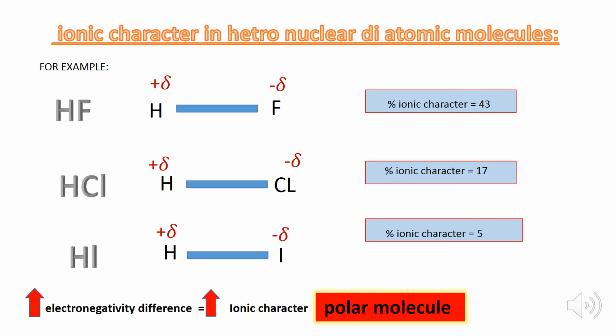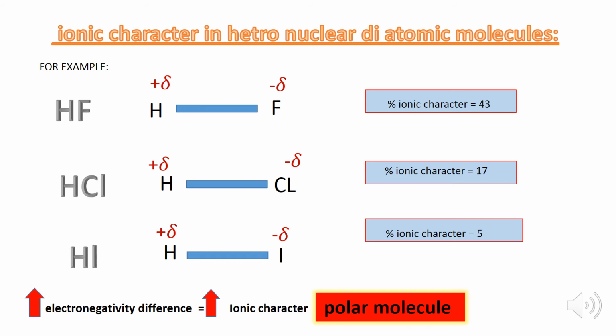Now look at hydrogen chloride. What will happen here? Here, chlorine is more electronegative. It means its pulling power of electrons towards itself is more as compared to hydrogen.